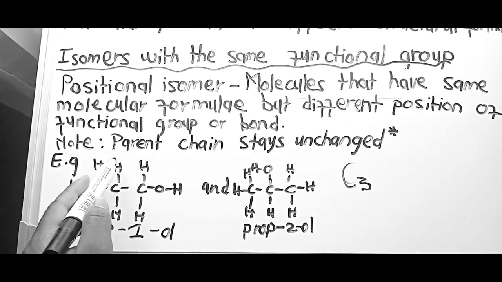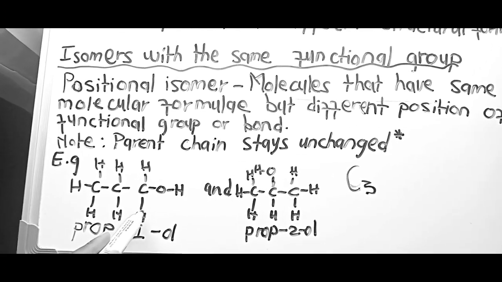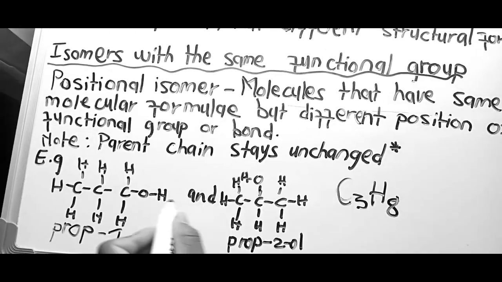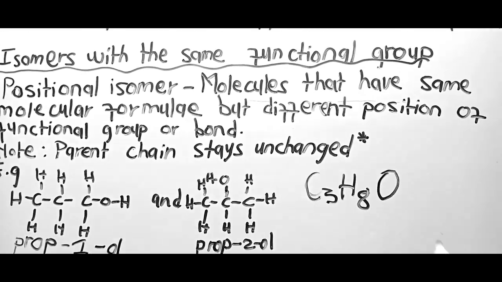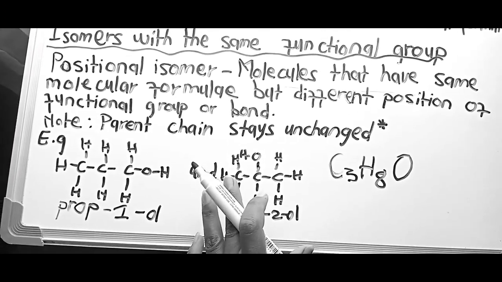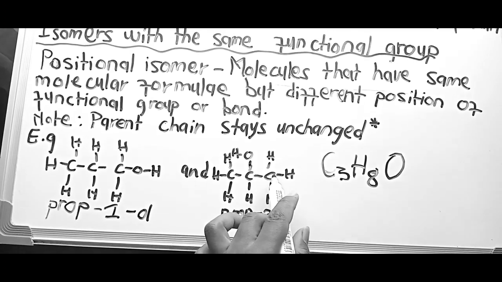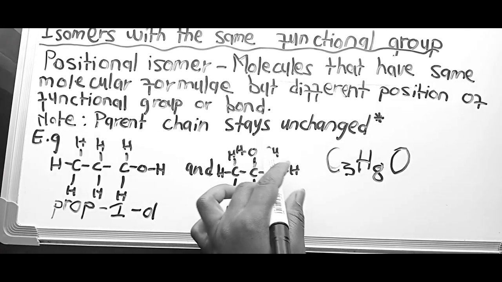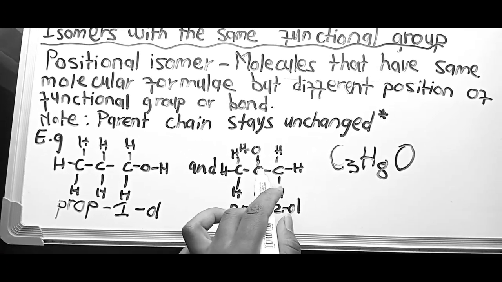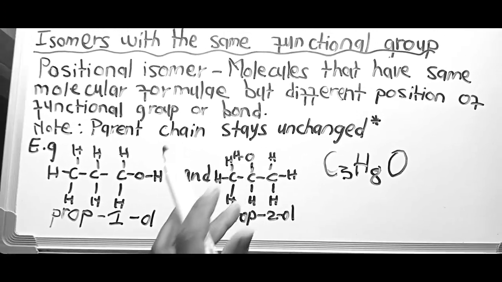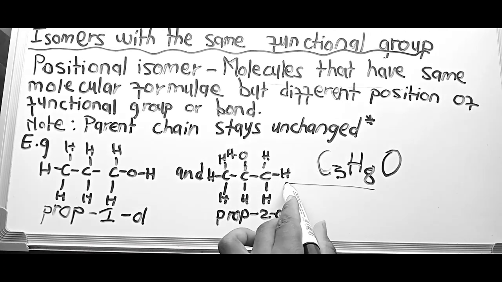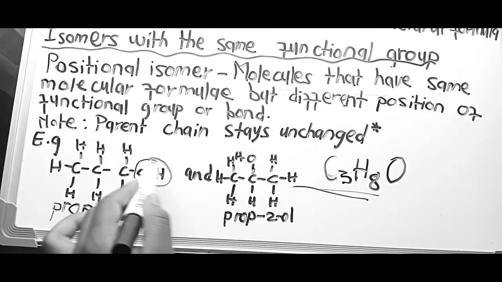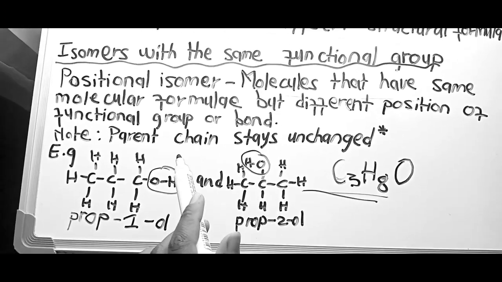How many hydrogens? 1, 2, 3, 4, 5, 6, 7, 8, H8, and one oxygen. In the other, we have 1, 2, 3 carbons, 8 hydrogens, and 1 oxygen.